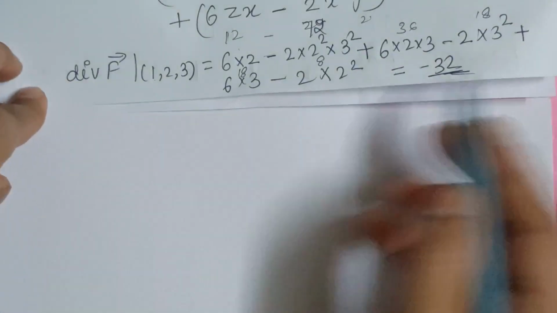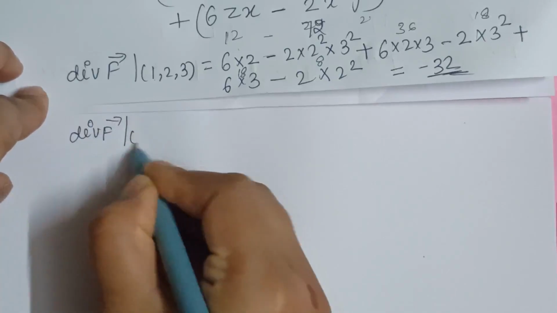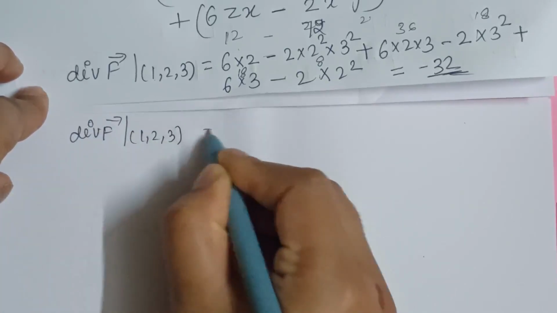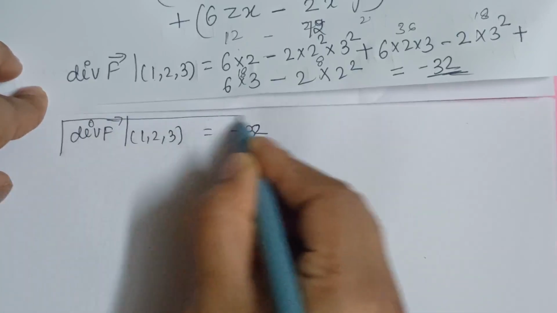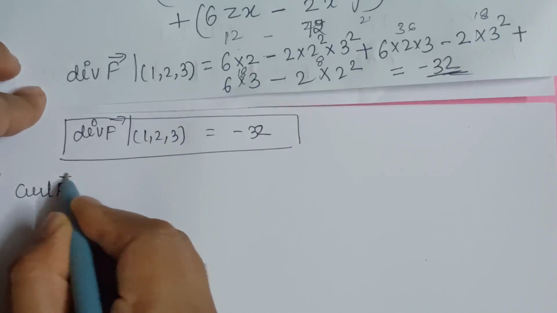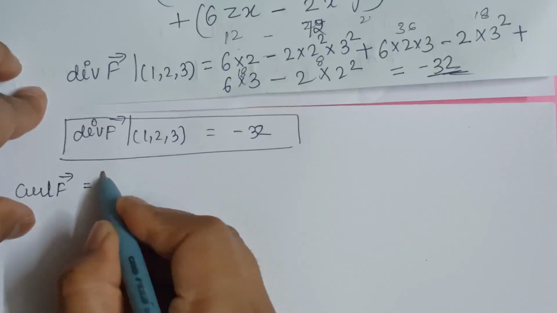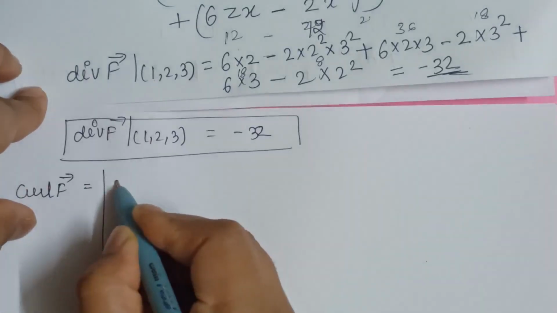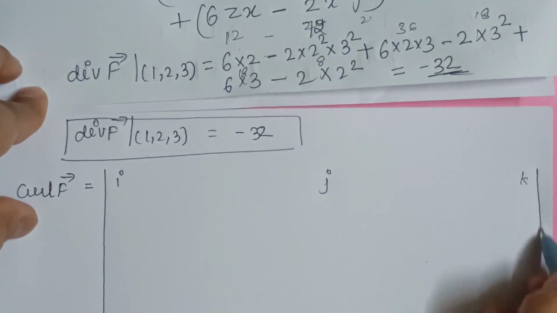So after simplifying this, divergence of vector f at the point 1 comma 2 comma 3 is equals to minus 32. Okay, now we need to find curl of vector f. Okay, and that is given by, let me write it, i, j and k.